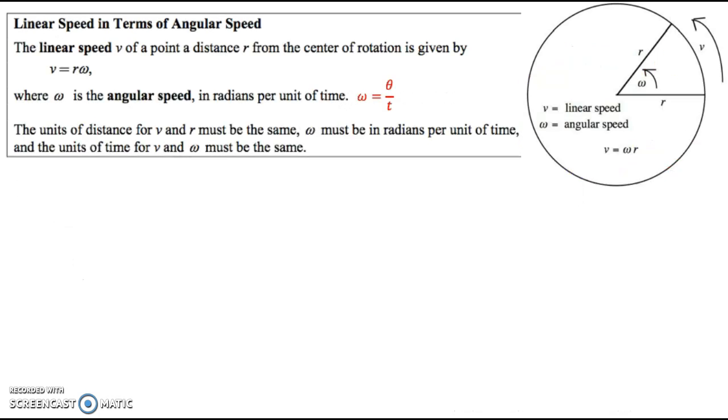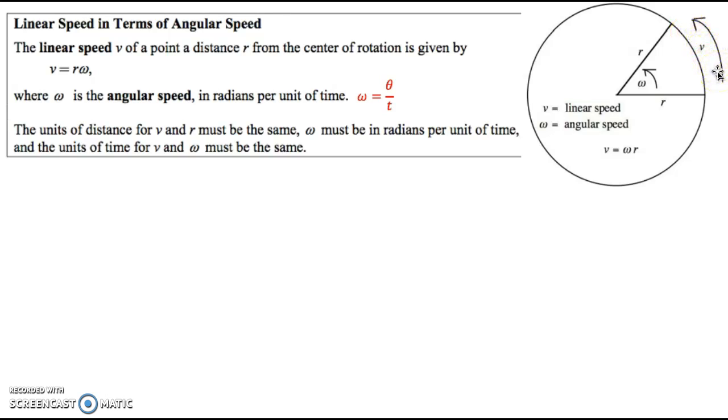Linear speed in terms of angular speed. The linear speed v, so notice the v here, of a point at a distance r from the center of rotation, is given by the linear speed is equal to the radius times the angular speed, w.